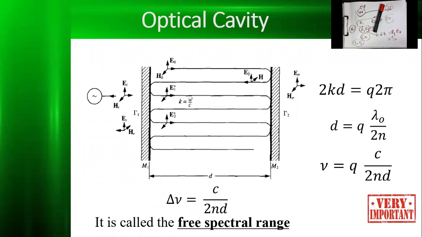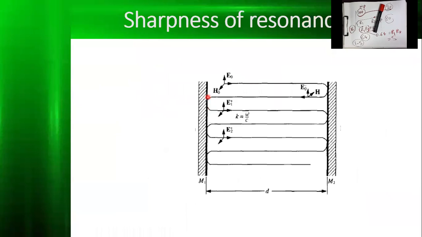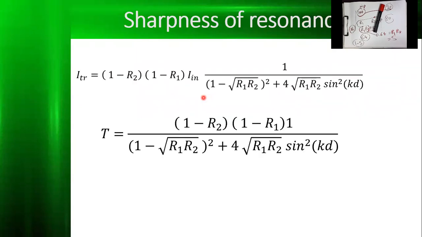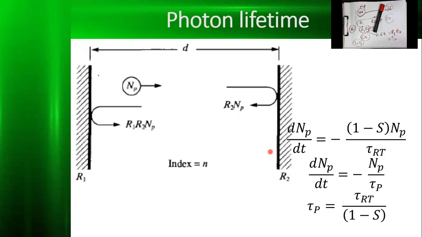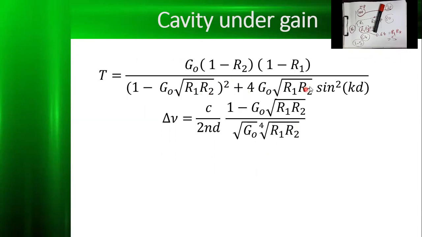Yes. The question now is, what if you insert this gaining medium inside the cavity? So instead of having a lossless medium inside the cavity, or even a lossy medium inside the cavity, what if you insert a gaining medium inside the cavity? Now, what will happen to your transmission equation is simply that instead of writing it in this manner, you are going to add a gain term to this equation, as you can see.